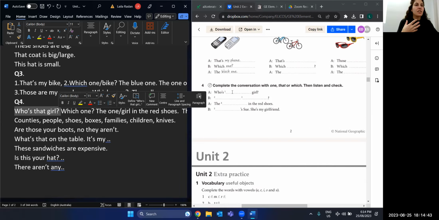It's my first aid kit. This or these, because the object is plural. These sandwiches are expensive. These, because plural. And the question is hat. Yeah, it is singular. So is this your hat?